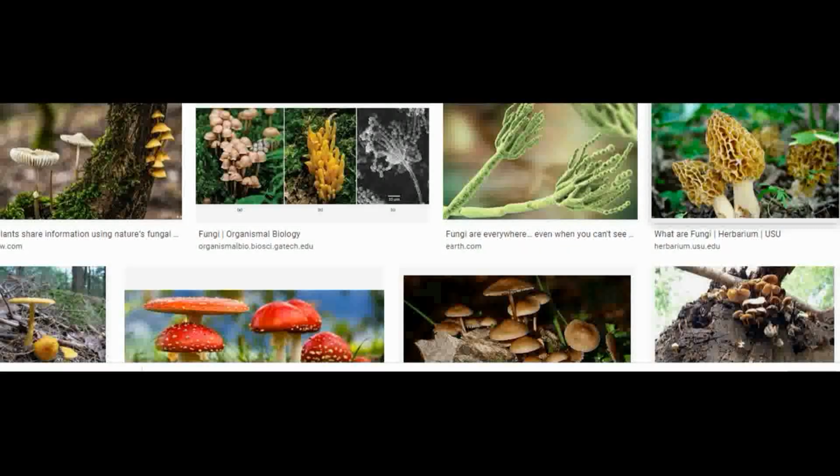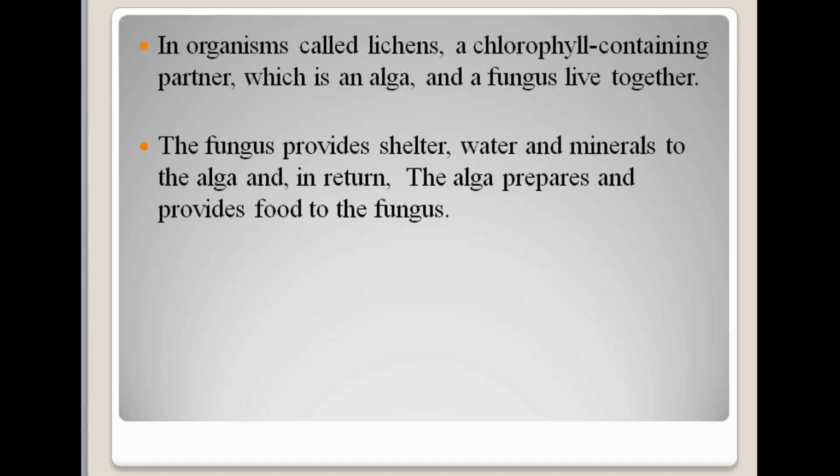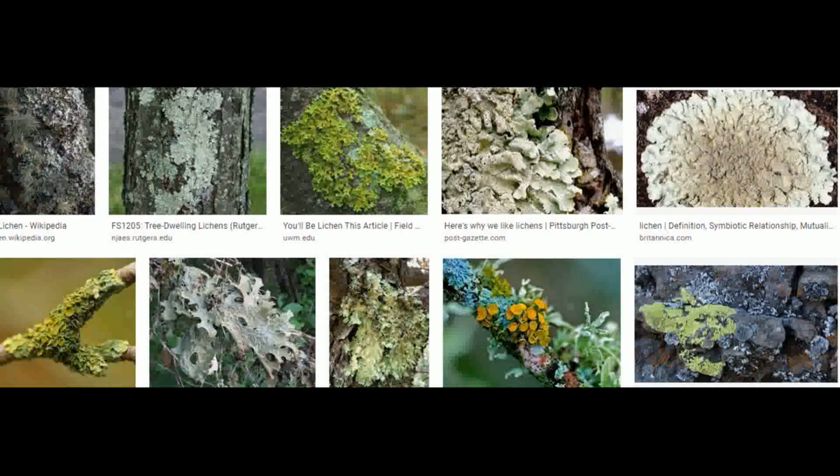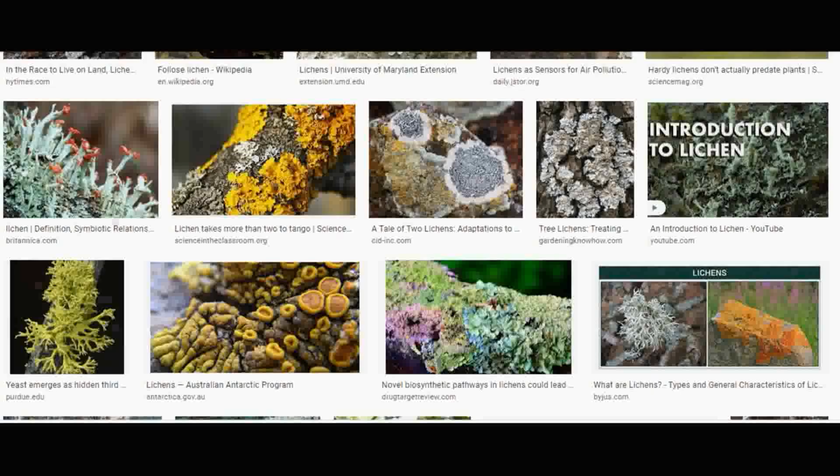In organisms called lichens, a chlorophyll-containing partner, which is algae, and a fungus live together. The fungus provides shelter, water, and minerals to the algae, and in return, the algae prepare and provide food for the fungus.